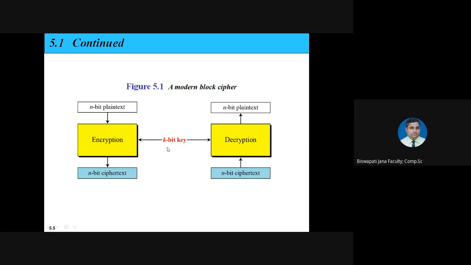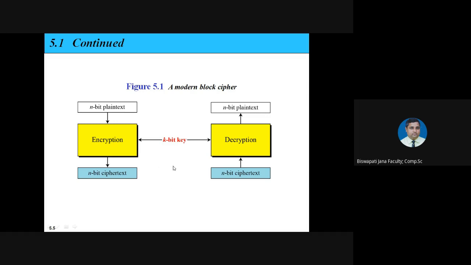If you take a 3-bit key, then what are the possibilities? 000, 001, and so on, so 8 possibilities, that is 2 to the power of 3. K is 3, then it is 2 to the power of 3. Now if you consider k is 128 bits, what will happen? 2 to the power of 128 possibilities are there. If you consider only 2 to the power of 10, what does it mean?